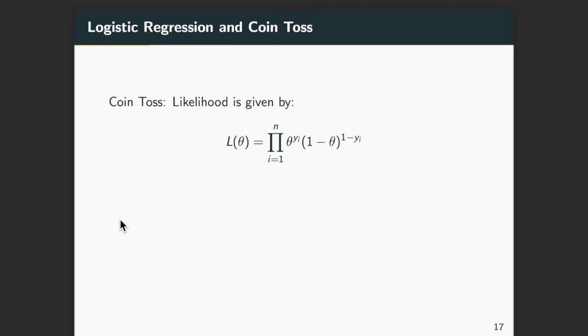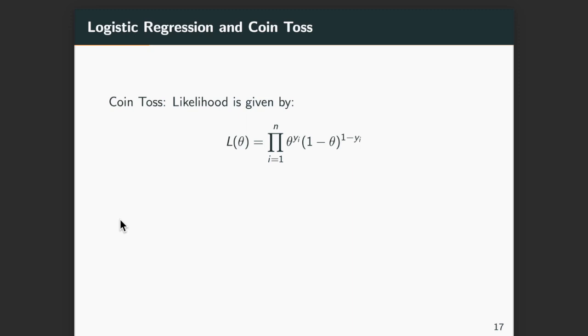So the Bernoulli likelihood for the coin toss is given as likelihood of theta, which is product of i equal to 1 to n of theta to the power yi into 1 minus theta to the power 1 minus yi. Right? Again, consider a single example if this causes confusion. Let's say only y1.